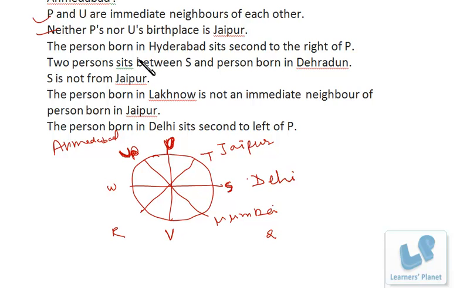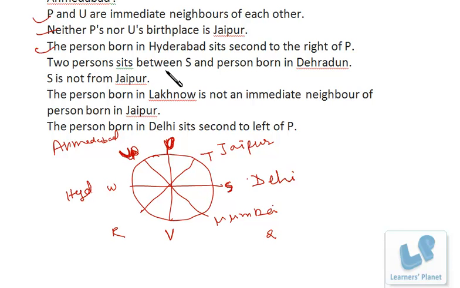Now it's very easy. The person born in Hyderabad sits second to the right of P. This is U. Second to the right of P, that means W is from Hyderabad. Okay.